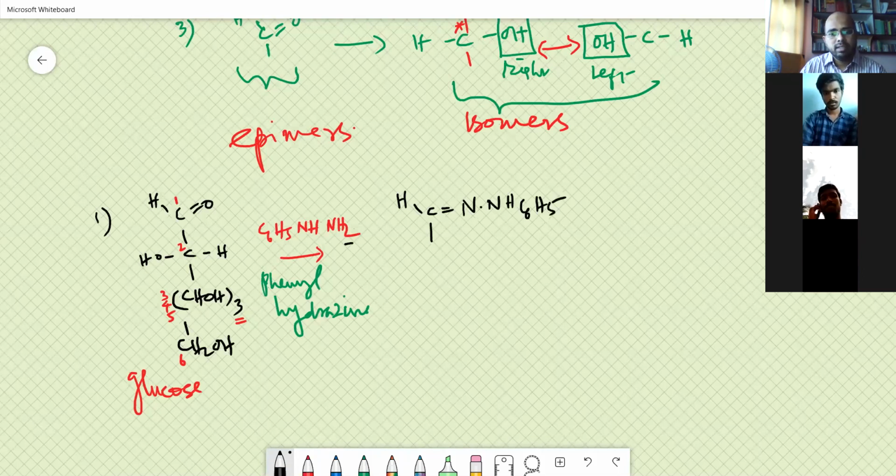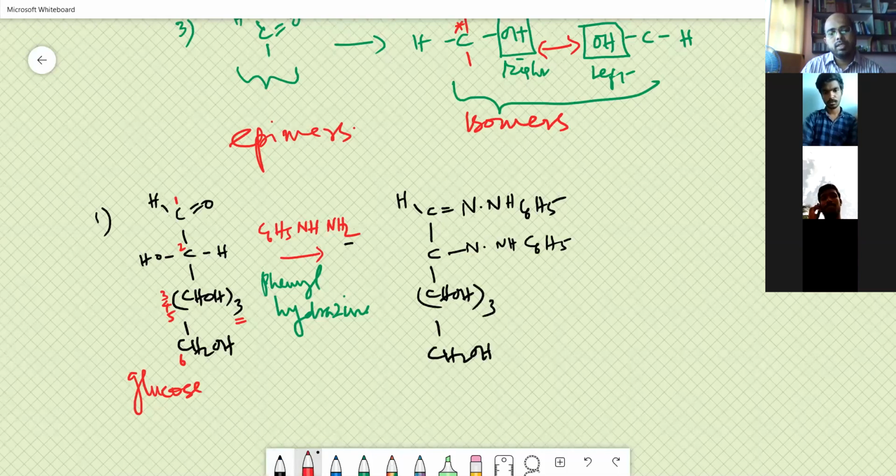The second part will also have an associated phenylhydrazine, C=N-NH-C6H5, and then you have CHOH three times, and then CH2OH.